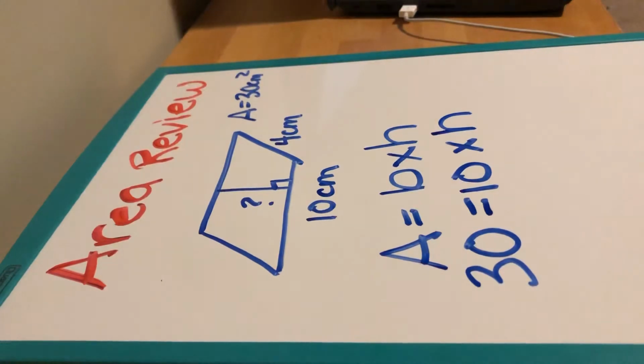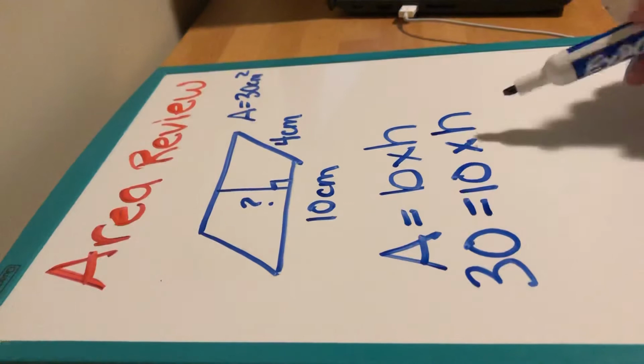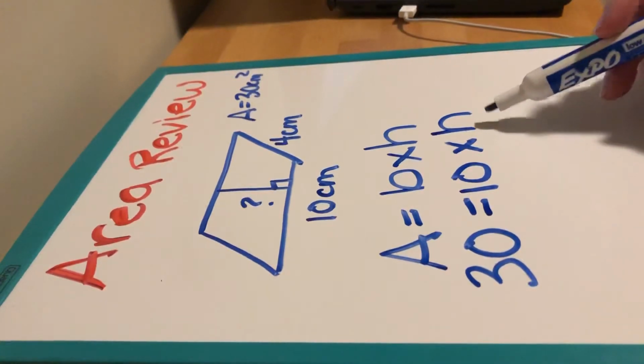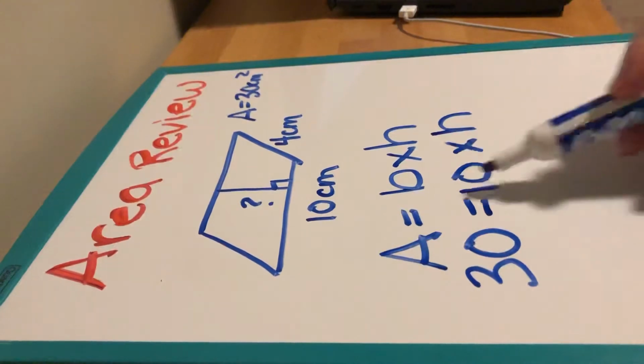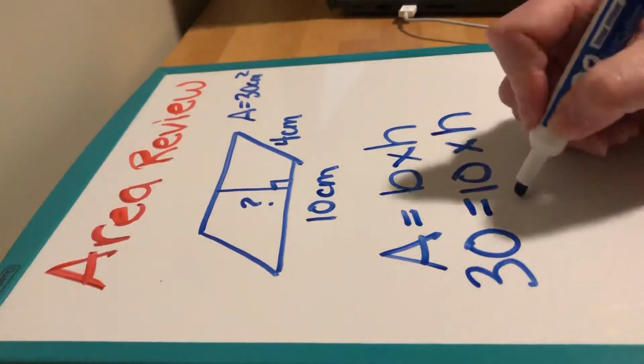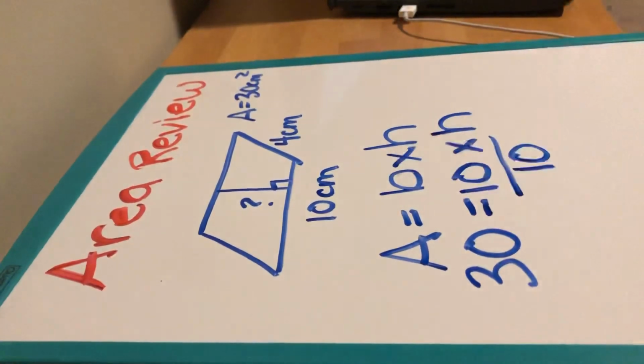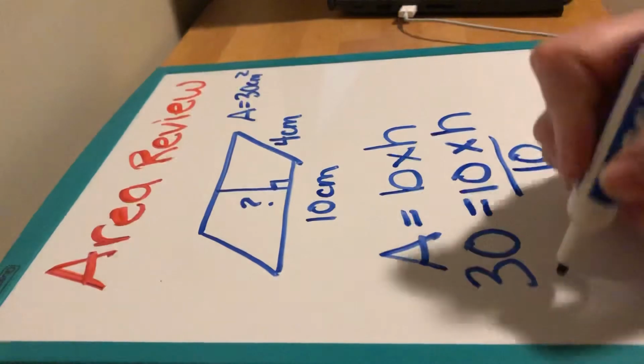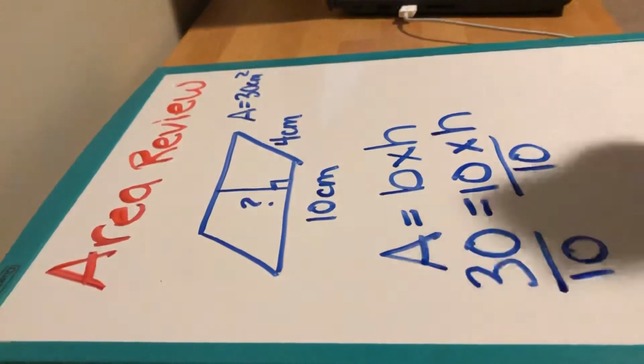Now, if you think back to your algebra days, if I want to get H by itself, I want to get the unknown by itself, the best way to do that is to get rid of the times 10. And we know to get rid of times 10, you need to divide by 10. And in order to make it fair, what you do to this side, you need to do to this side.